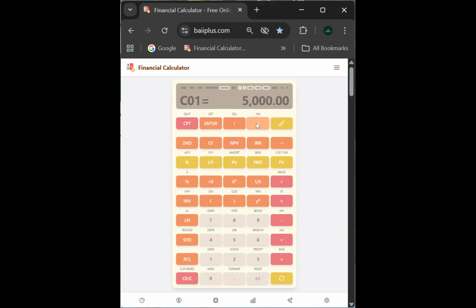This is an inflow. Frequency is going to be 1. Then 25,000, minus, enter. Frequency is 1 because the transaction only happened once. Now we click on IRR and compute our IRR. It's going to be 0.95. 0.95 is the IRR.